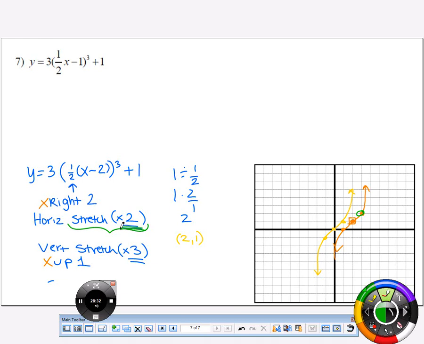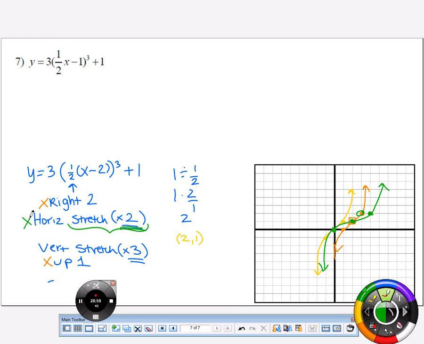It was 1 unit away. I want to draw it so that it's 2 away. Lucky for me, this distance is the same, so I don't have to do any new arithmetic. It was 1 away. Now I'm going to draw it so that it's 2 away. And it looks like a horizontal stretch. Look at what's happened to your graph. It used to be this nice little skinny curve, right? And we've taken it and stretched it out that way a little bit.